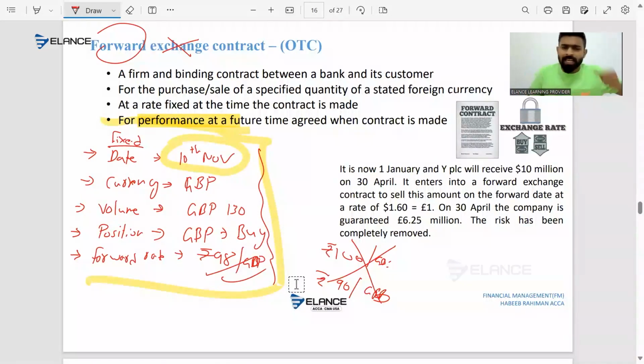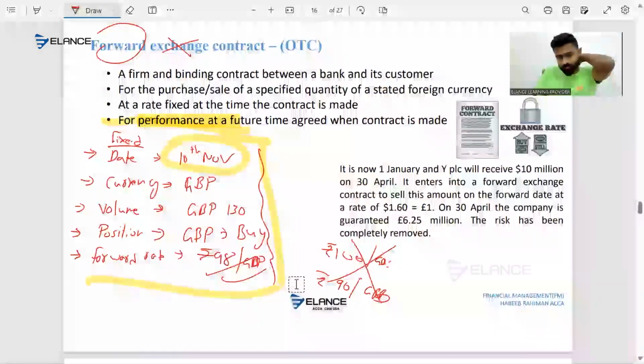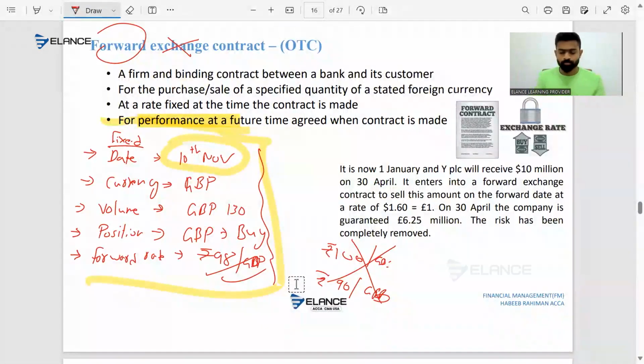Not only the rate, but the date, the currency, the volume of currency, whether it is GBP, whether we are going to buy or sell, that position of currency, plus the rate is fixed. So today itself, after entering into a forward contract, is the payment or receipt of that underlying transaction certain or uncertain? Please do respond.